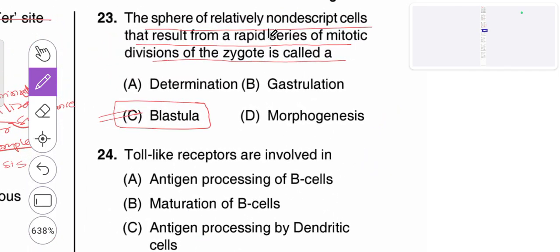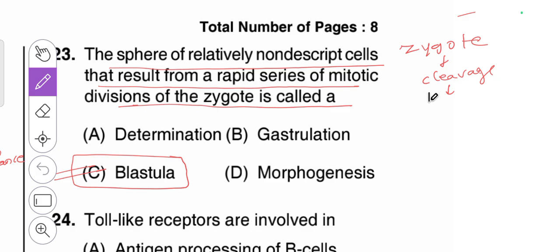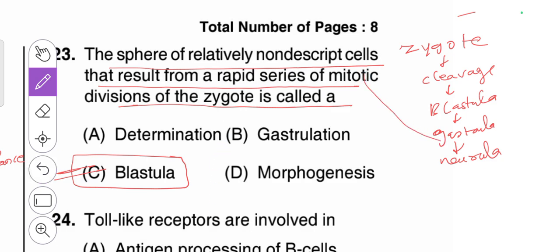Here, zygote, cleavage, then results in blastula, gastrula, and neurula. C is the right answer.